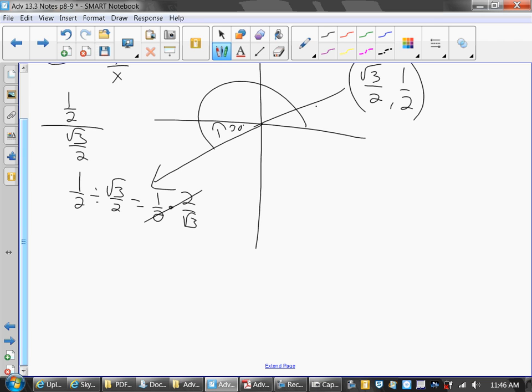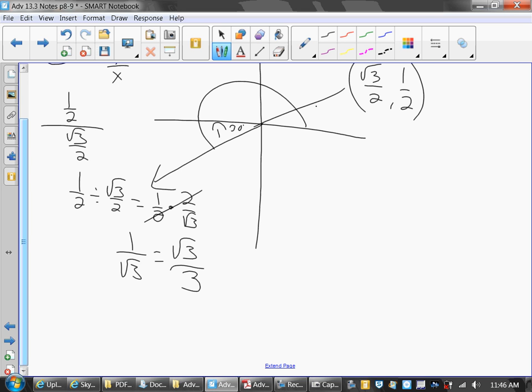And you wind up with 1 over root 3, which is root 3 over 3. Cosine is x. Tangent's always going to be y over x.